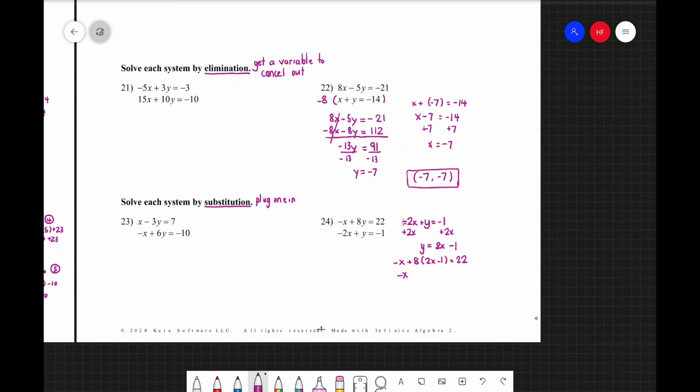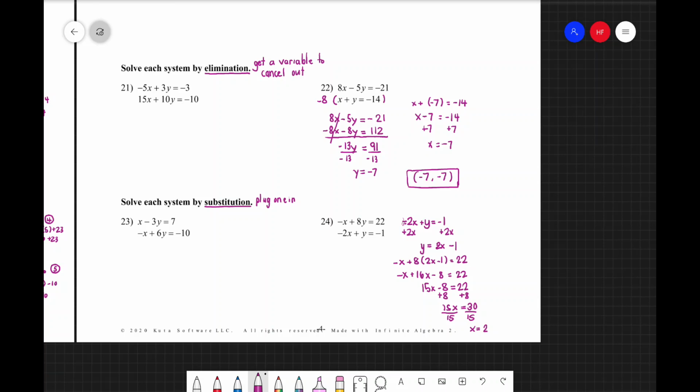Negative x, and then we'll distribute that 8. So plus 16x minus 8 equals 22. Combine like terms, we have 15x minus 8 equals 22. Add 8 to both sides, we get 15x equals 30. Divide by 15, and x equals 2.